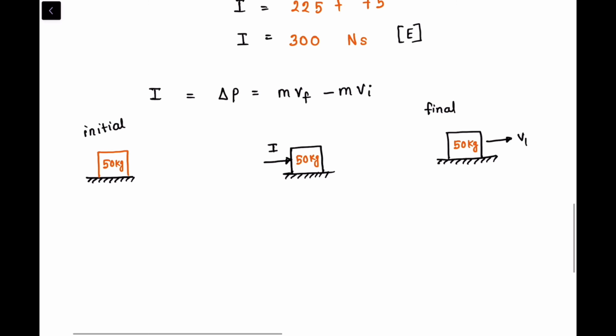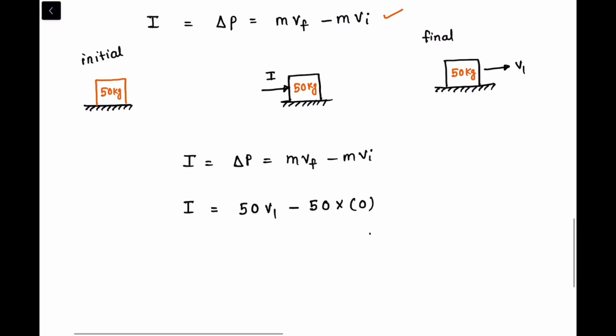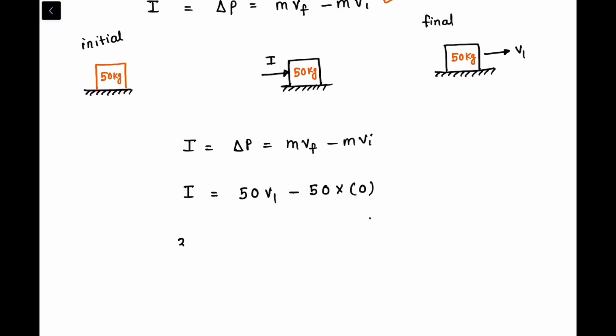So from here I can write that impulse is equal to delta p, which is m times final velocity minus m times initial velocity, right? What is mass? Mass is 50 kg, final velocity is v1, minus 50 times initial velocity 0. Why 0? Because it was at rest. What is impulse?